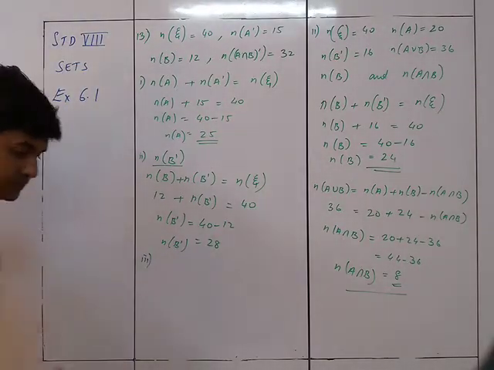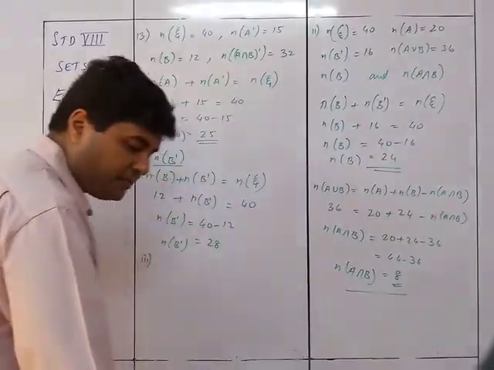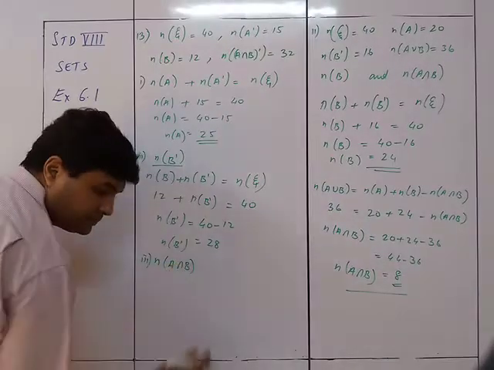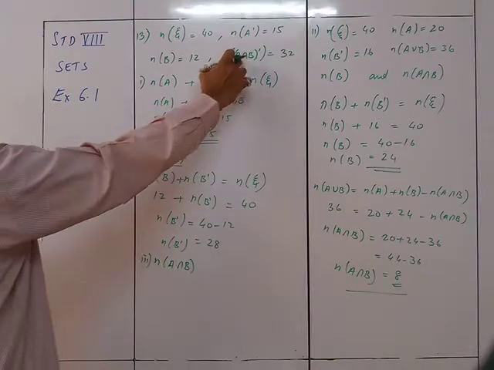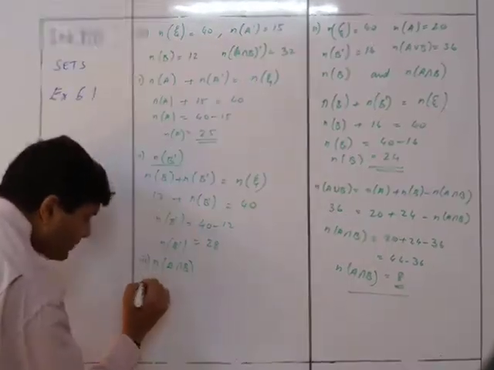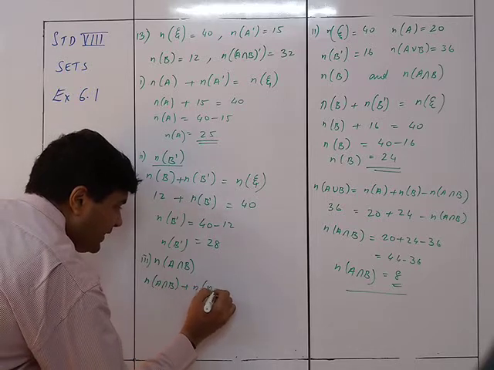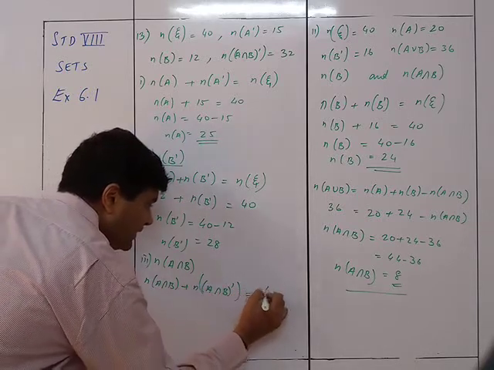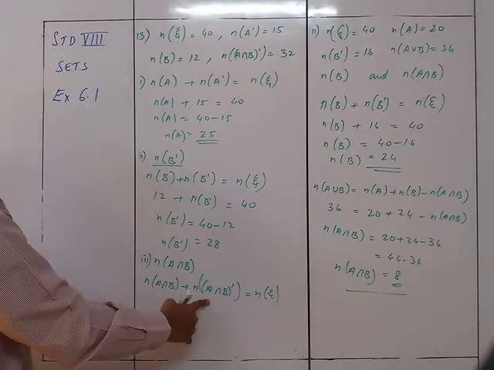Third one, n(A intersection B). We are given the complement, so again the same thing: n(A intersection B) plus n of (A intersection B) whole dash is equal to n of the universal set. n(A intersection B) I don't know, and this is 32.